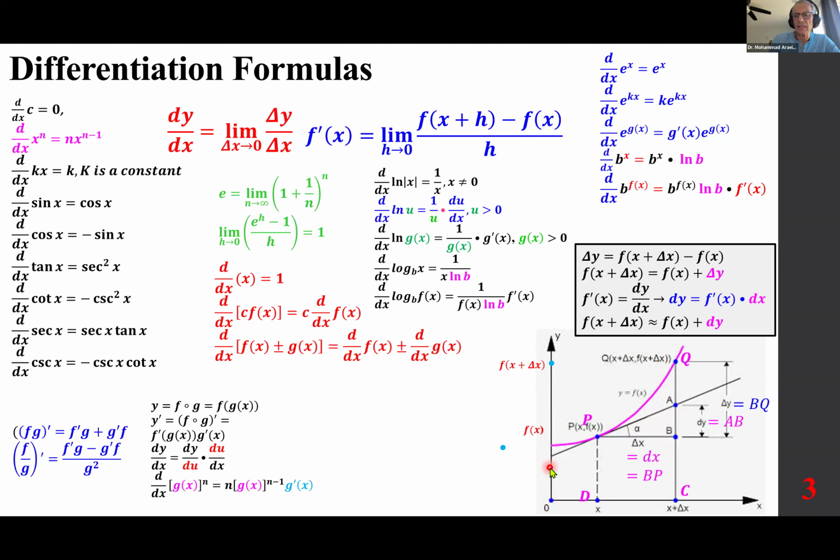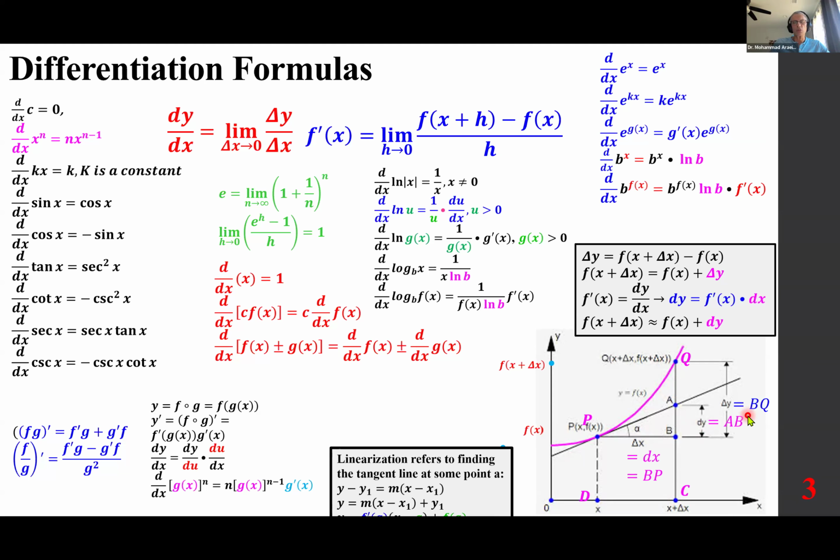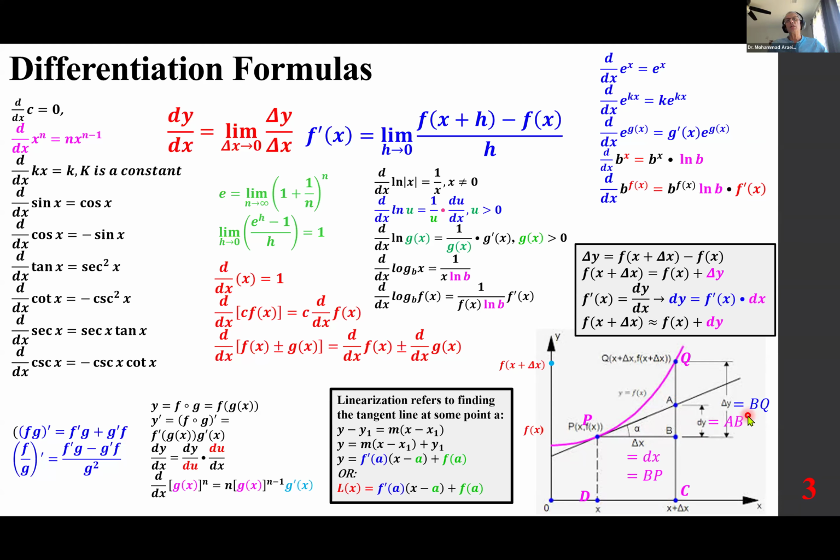That's, in other words, the distance of BQ, which is different than the rise along the tangent line, which we call dy, or f prime of x dx. Also, linearization refers to finding the equation of a tangent line.